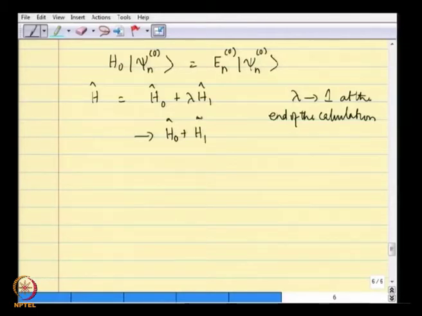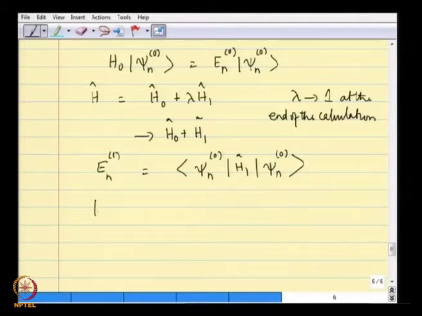And now we have done the two calculations with lambda and lambda square. The first order correction E n 1 was given as the matrix element psi n 0, H1, psi n 0.